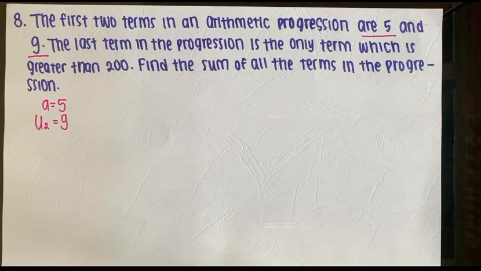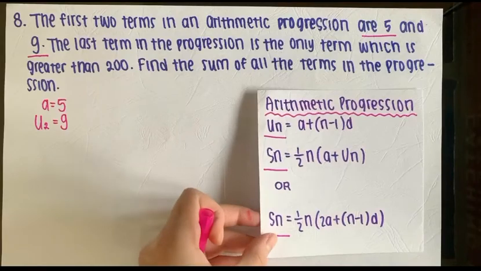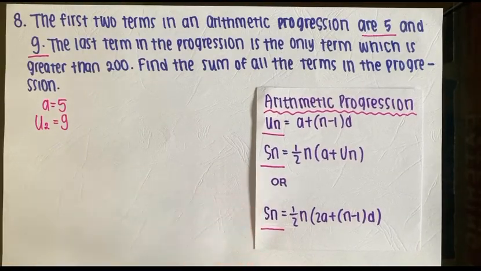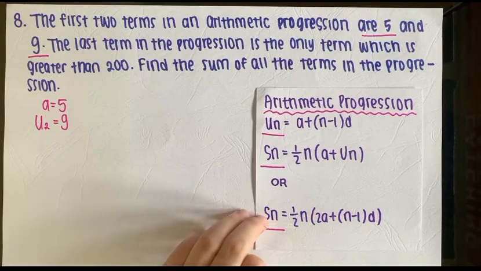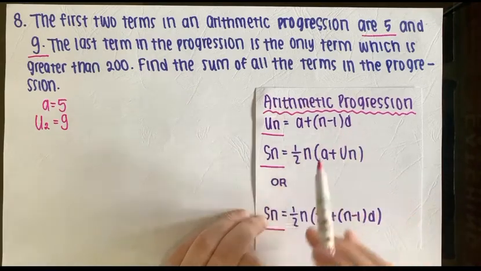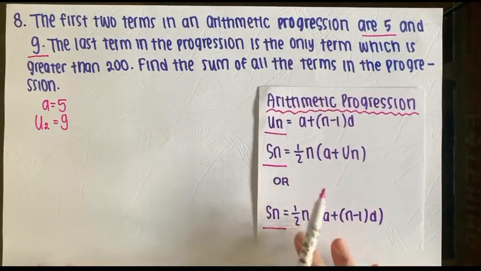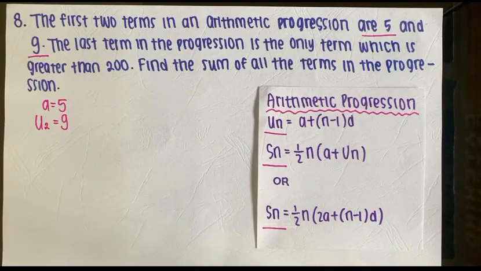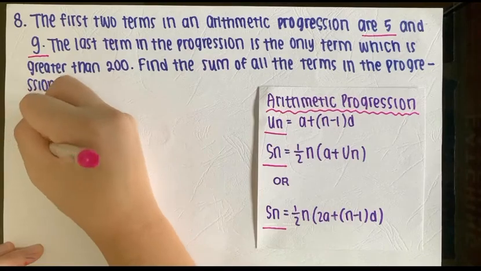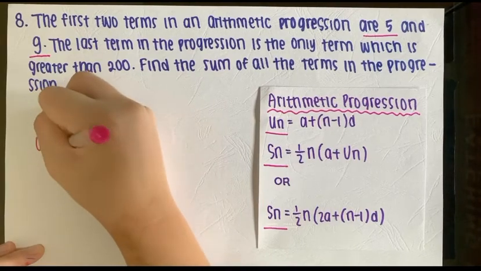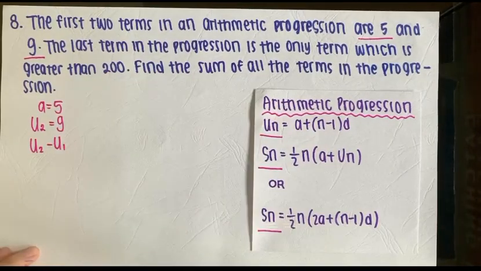If you see in this formula, which I will put here, we can find d. What is d? d is the common difference in terms. So if you find d, it would be u2 minus u1.